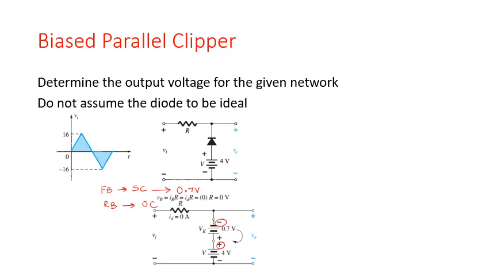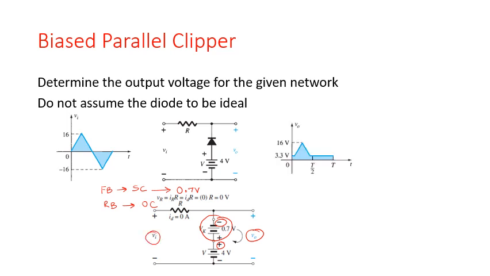So this is going to be 4 minus 0.7. So what do I get over here? This becomes 3.3 volts. So when my diode is forward biased, the voltage that I am getting over here is 3.3 volts. And when your diode is reverse biased, this part will be replaced by an open circuit. So your Vo will directly copy the voltage Vi.